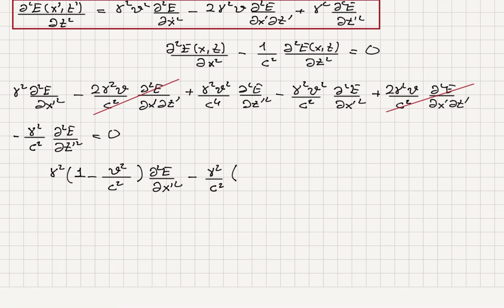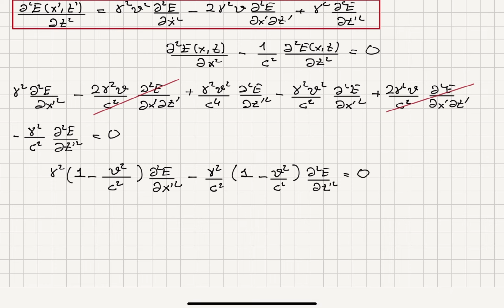So minus gamma square over c square, this has 1, and this has, when taken into minus gamma square over c square parentheses, minus v square over c square. And this is del square E del t prime squared is equal to 0.